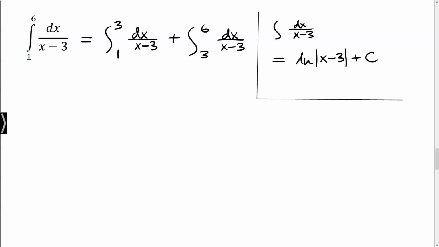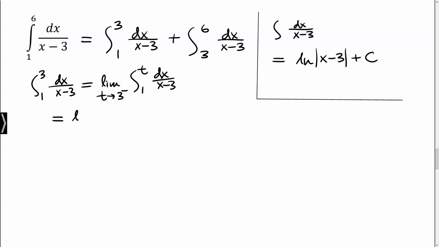So first, let's look at the integral from 1 to 3. So this is the limit as t approaches 3 from below, integrating from 1 to t, dx over x minus 3, which is the limit of natural log.